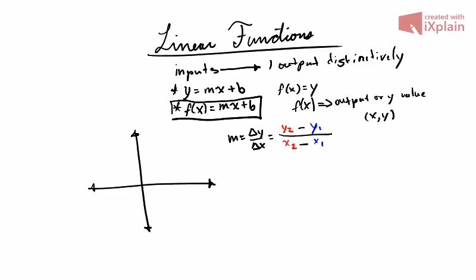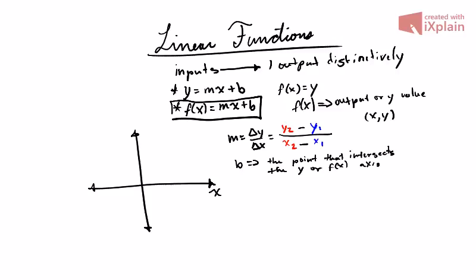Also, another key thing: b implies the point at which you cross the y-axis, the point that intersects the y, or f of x, axis.